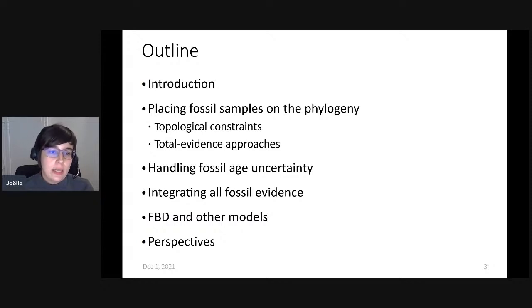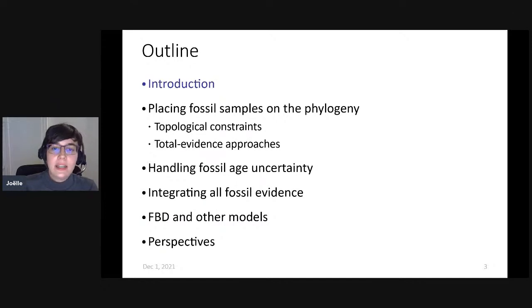Then we're going to discuss handling fossil age uncertainty, integrating all fossil evidence, and then I'll talk a bit about how you can integrate FBD with other models that have been developed for phylogenetics and how well that works out. And then I'll give some perspectives on where I see the FBD process going.